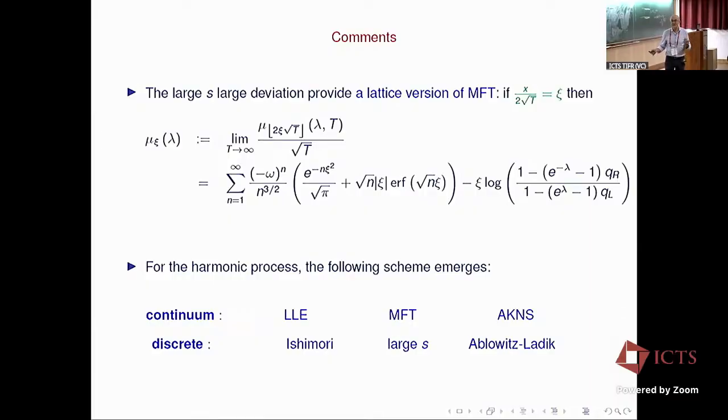In terms of spin variable, this is the Ishimori chain. And by gauge transformation, you get the Ablowitz-Ladik, which is the discrete version of the Aiken-S. So that's a nice parallel of the line above.